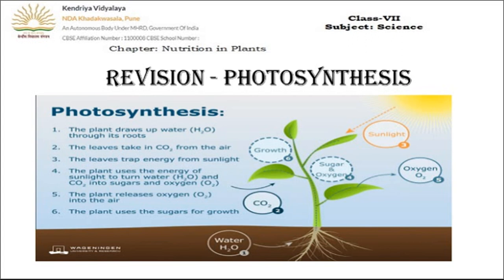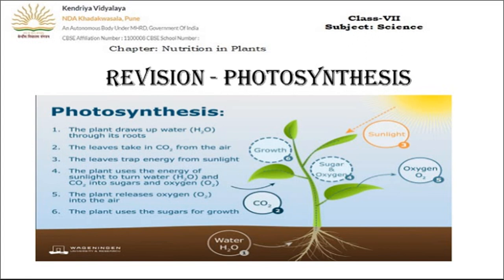So the glucose will be formed in the process, and a gas is released outside in this process, and that is oxygen. Don't get confused. In the photosynthesis process, plants take CO2 inside and release oxygen outside. Whereas when the plants respire, when the plants breathe, they take oxygen inside and they give out CO2. So the plants release oxygen into the air, and then the plant uses the sugars.